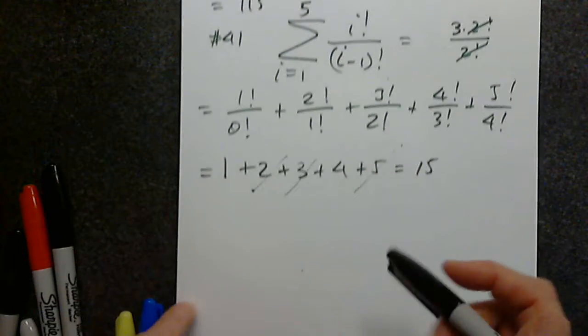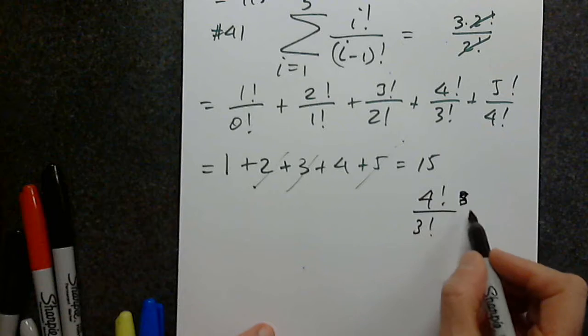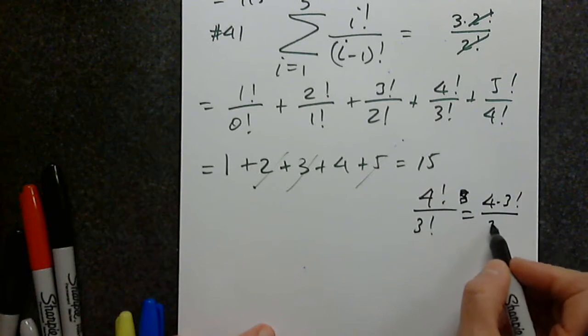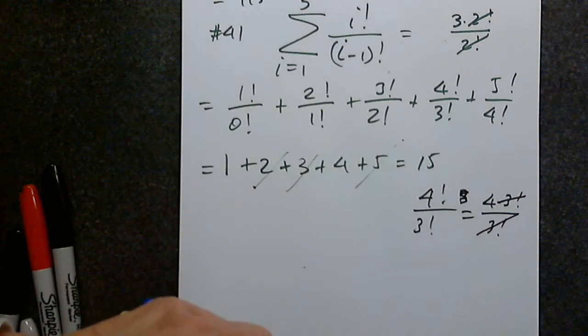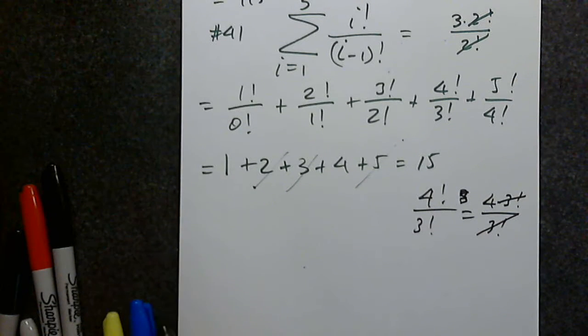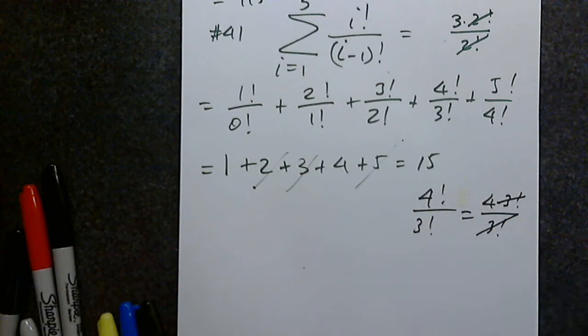Then 4 factorial over 3 factorial is 4 times 3 factorial over 3 factorial, and you get the 4. The same thing with the 5. Is that good enough? Should I show the 5, or is it clear?